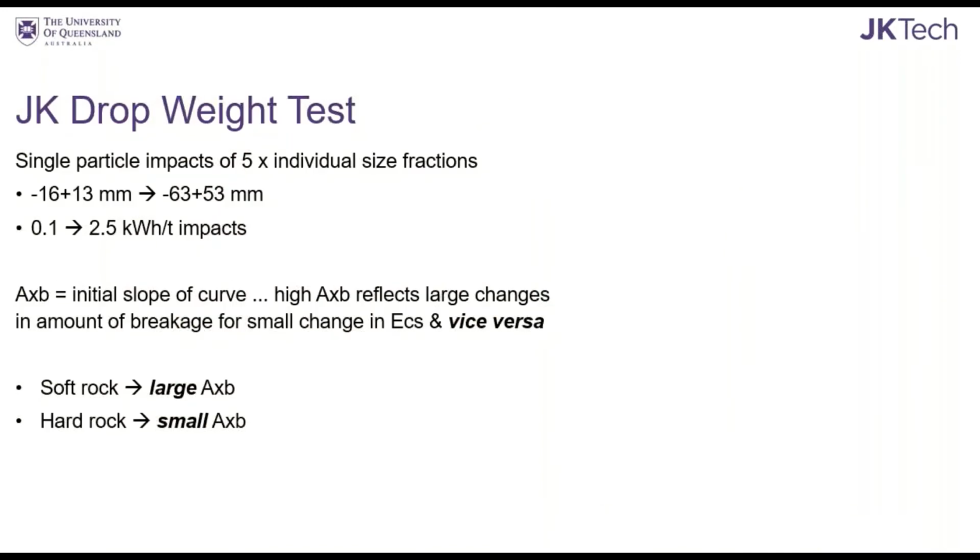The test itself does require quite a bit of material, anywhere between 60 and 100 kilos, I guess, is recommended. And what happens is you're testing 5 different size fractions across a range of those energies, between 0.1 to 2.5 kilowatt hour per ton impacts.